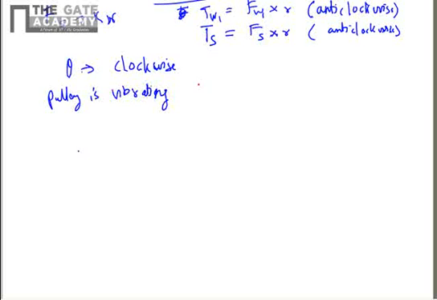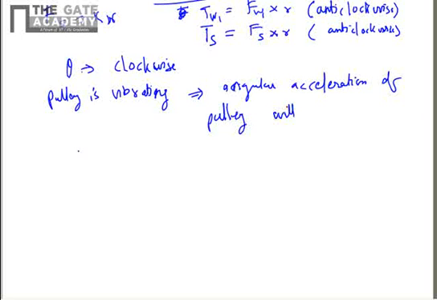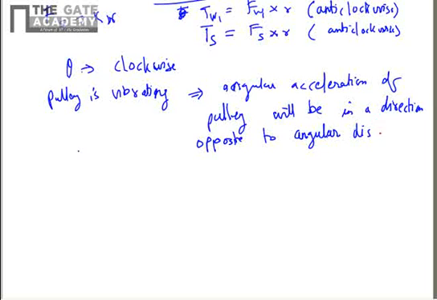So the angular acceleration of the pulley will be in a direction opposite to the angular displacement. So if the angular displacement is in clockwise sense, the acceleration theta double dash will be anti-clockwise.